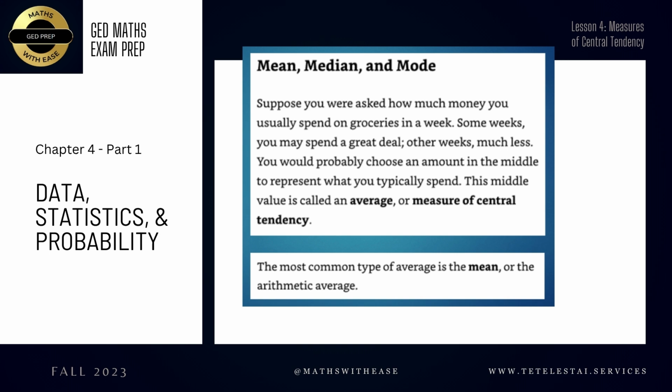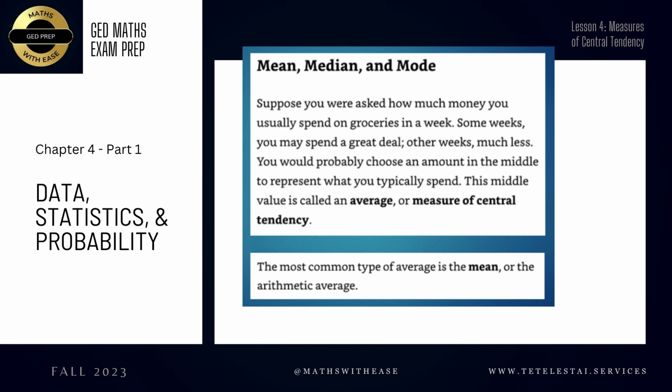Okay. And so that average value is called a measure of central tendency. All right. And you simply know what central means, and you tend to either spend more or less depending on the situation, right? So your tendency is your propensity or your predisposition to spend more or less depending on the situation. In this case, it's groceries.